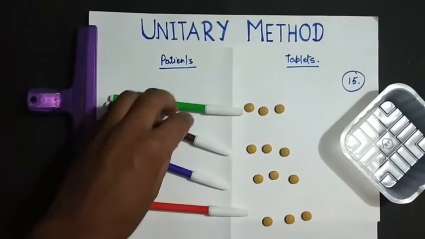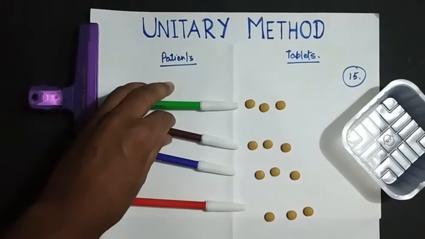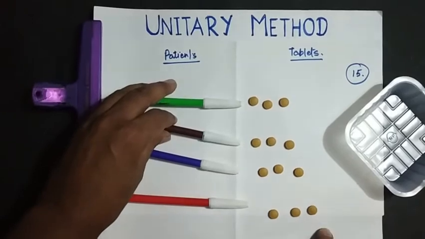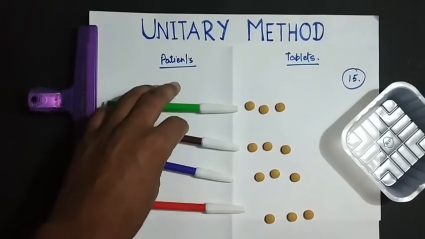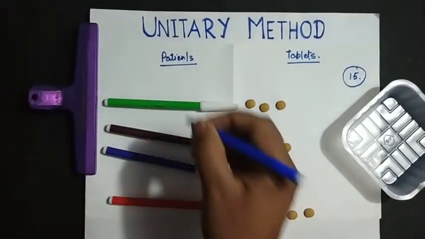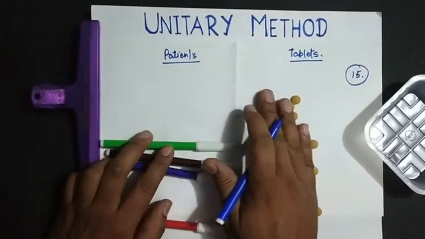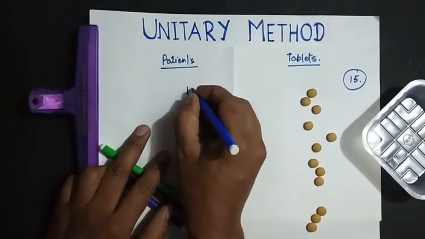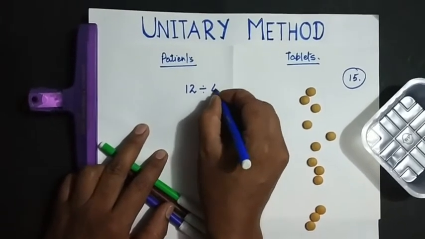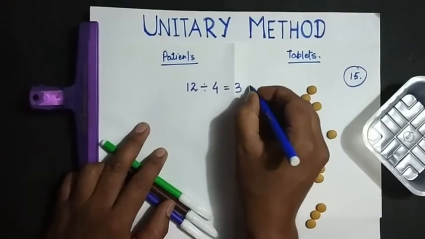Here you can see each patient requires 3 tablets. But rather than counting one by one, you can calculate easily. We can simply divide 12 by the number of patients, 4. So each patient requires 3 tablets.